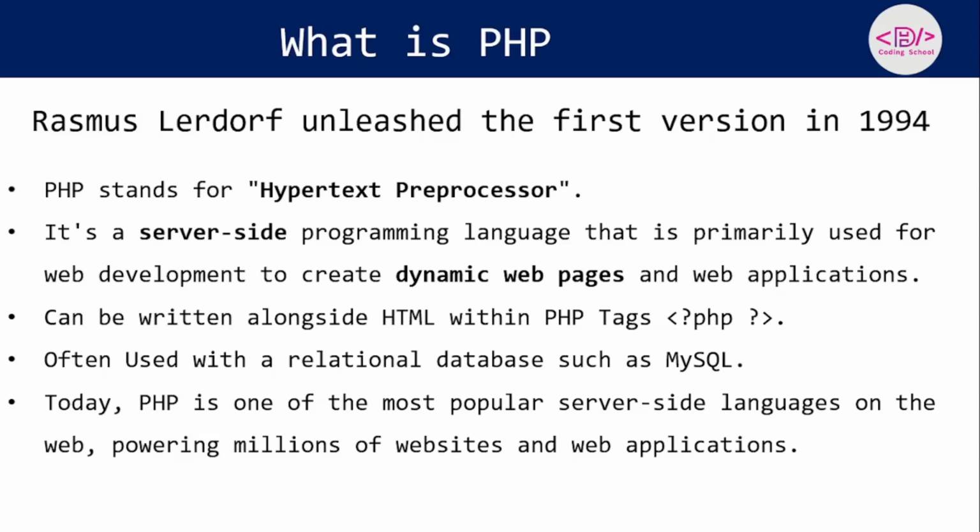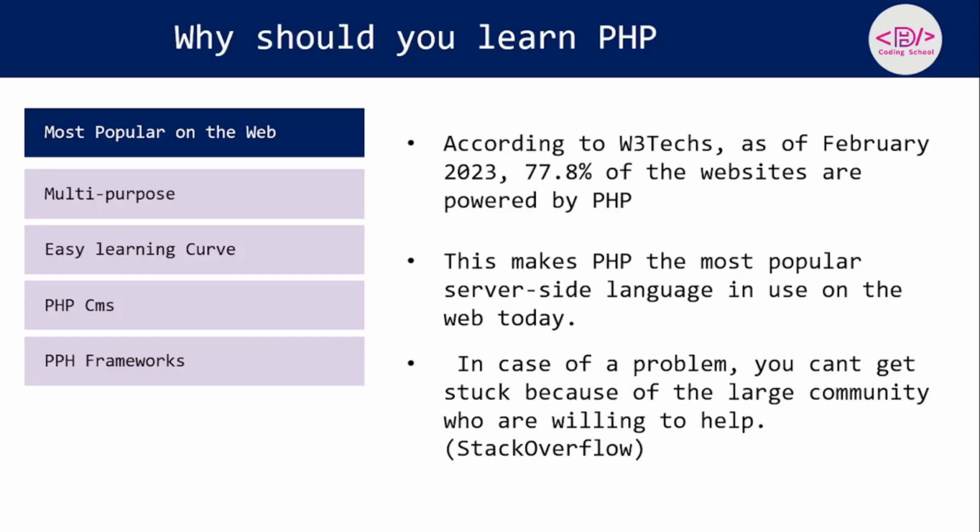Often it is also used with a relational database such as MySQL. Today PHP is one of the most popular programming languages on the web, and we are going to get into those details in a minute.